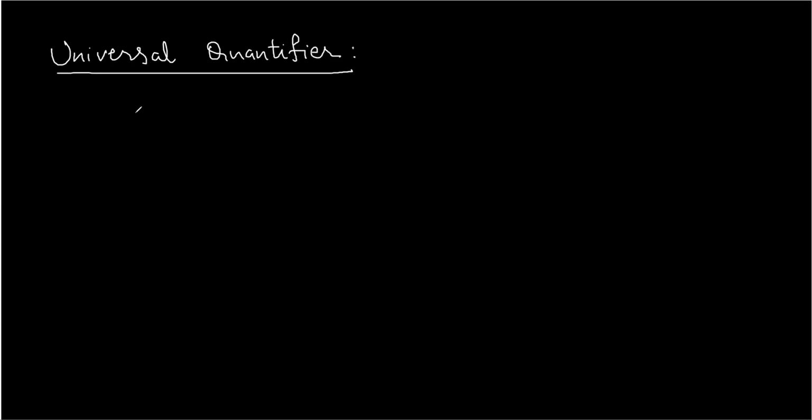Universal quantifiers are the words for all, for every. And what is the symbolic notation? Please remember, the symbolic notation is this. This is the way you write for all.